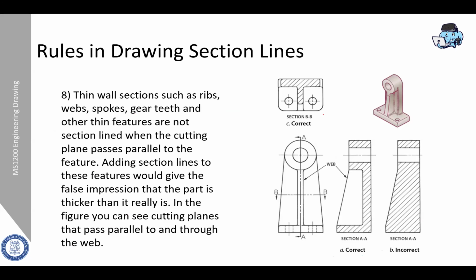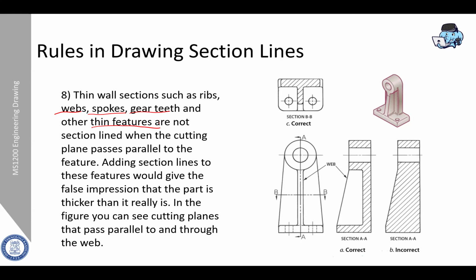Number 8. Okay. Thin wall sections such as ribs, webs, spokes, gear teeth, and other thin features are not section lined when the cutting planes pass parallel to the features. Adding section lines to this feature would give the false impression that the part is thicker than it really is.